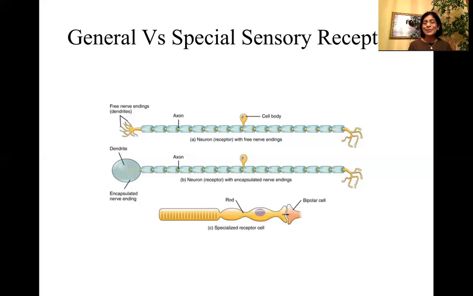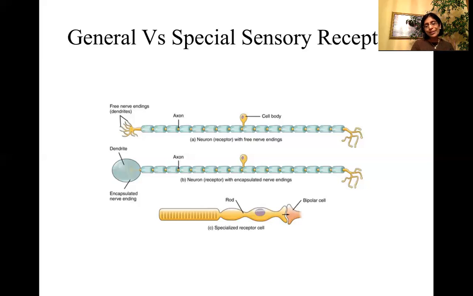Yet another key difference is that general sensory receptors carry their signals to the general sensory processing area within the parietal lobe that you refer to as the somatosensory cortex.